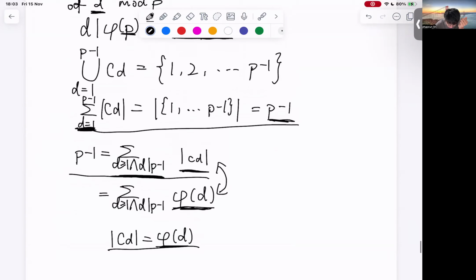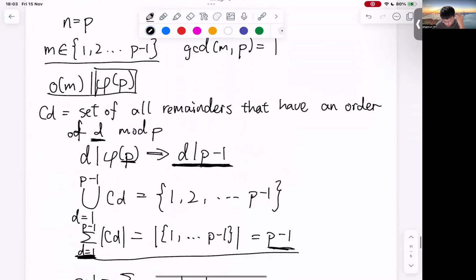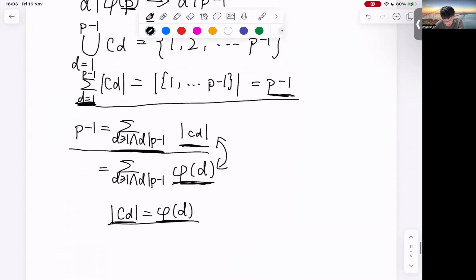So let's consider what C_d is. C_d is the set of all remainders that have an order of d modulo p, and phi(d) is the number of elements that are coprime to d and smaller than d. So for each divisor d of p minus 1, there are exactly phi(d) elements with order exactly d.